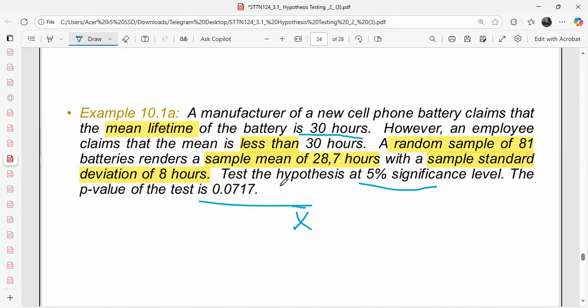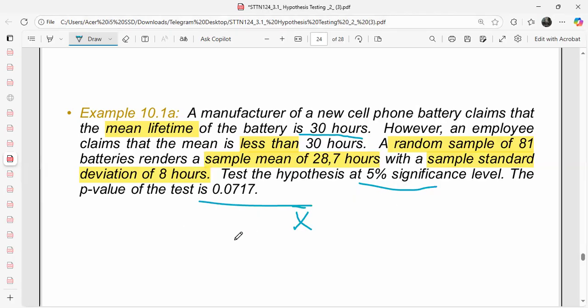Because step number 4 is when you compare the p-value with the alpha, the level of significance. The p-value 0.0717 is greater than alpha. So therefore, what do we do? We do not reject. Because if the p-value is less than the alpha, we reject; otherwise we fail to reject the null hypothesis at 5% level of significance.